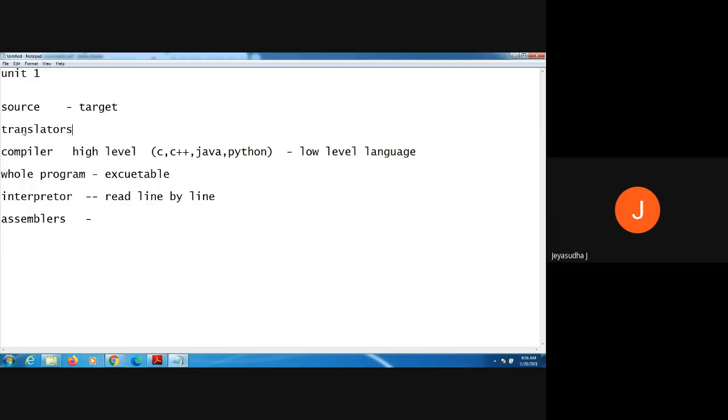So all these three things, compiler, interpreter, and assembler, you can take as translators. Along with that, we have other things also, I will tell you. In an assembler, you are going to take an assembly language and convert it to machine code.